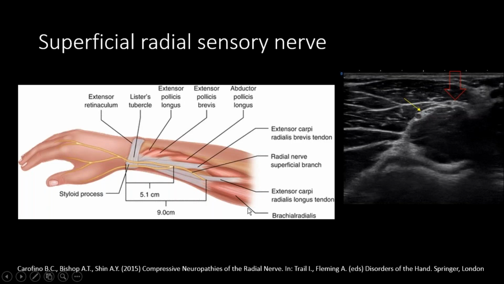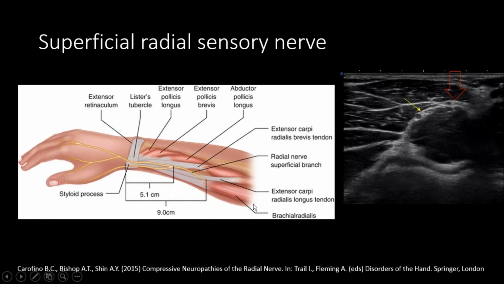Now, going distally, following the radial sensory nerve, we already saw that proximally and followed it a little bit. So the radial nerve divides into two branches, motor and sensory. The motor is the posterior interosseous nerve, and the sensory is the superficial radial sensory nerve, and you can follow it from the anterior aspect of the elbow all the way distal at approximately 9 to 10 centimeters proximal to the styloid process, or the wrist joint.